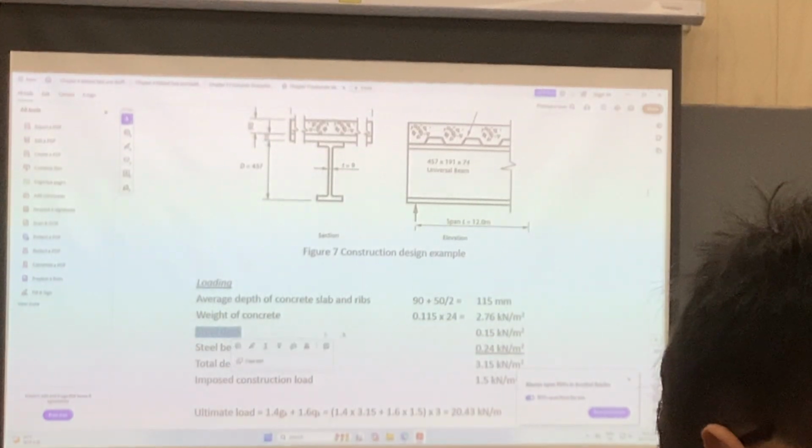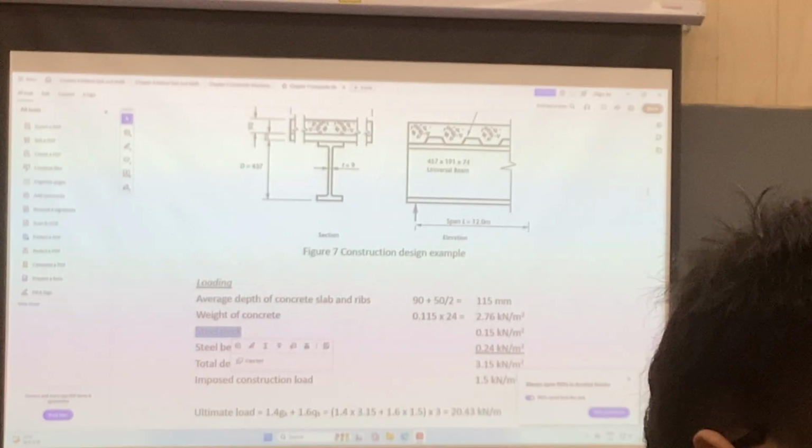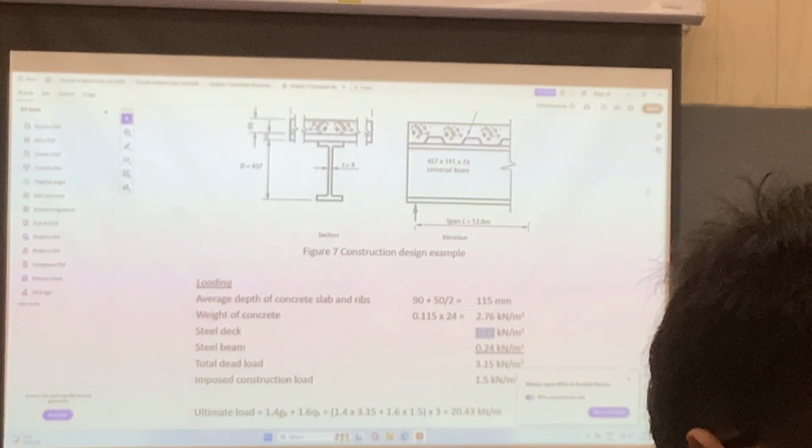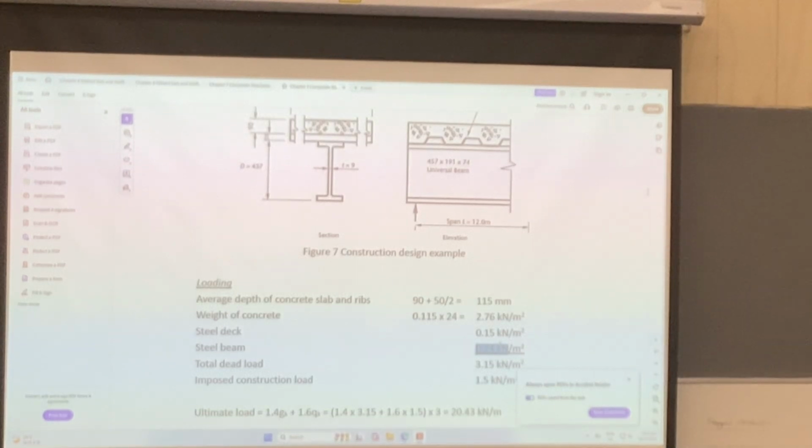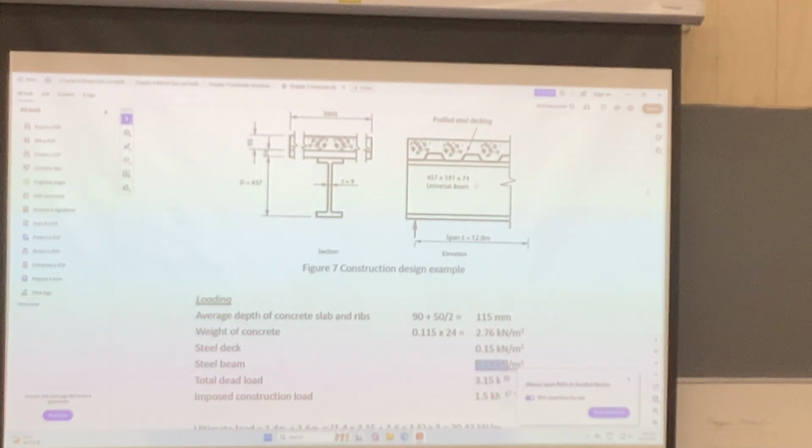And then the steel deck, we assume that this steel deck is equal to 0.15 kN per meter square. For the steel beam, here is equal to 0.24, because you can see that this is 74 kg per meter, right? So if you have 74 times 9.81, and then you divide it by 3, you can find this value.